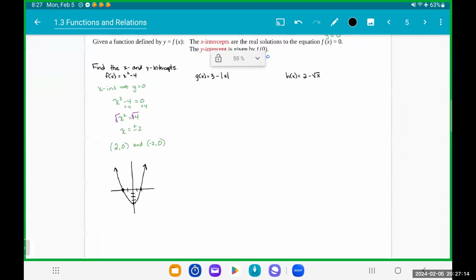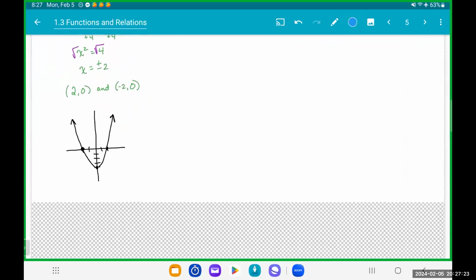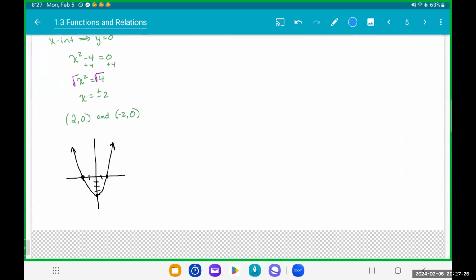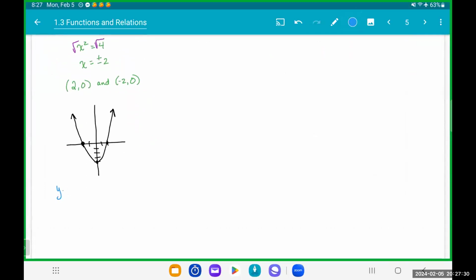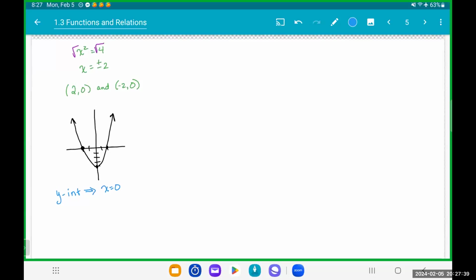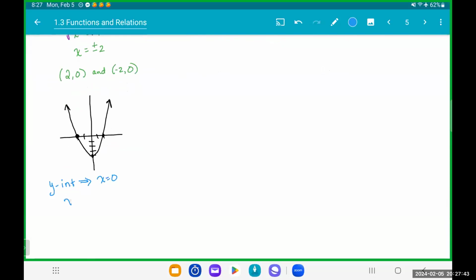Now let's look at our y-intercept. Our y-intercept, let's do in blue. And remember, for our y-intercept, we're going to let x equal 0 and solve. So our function here is x squared minus 4.